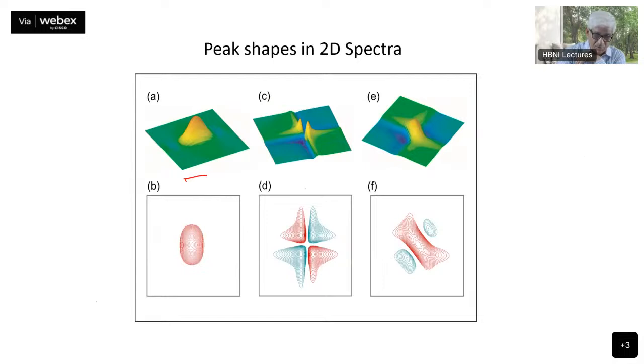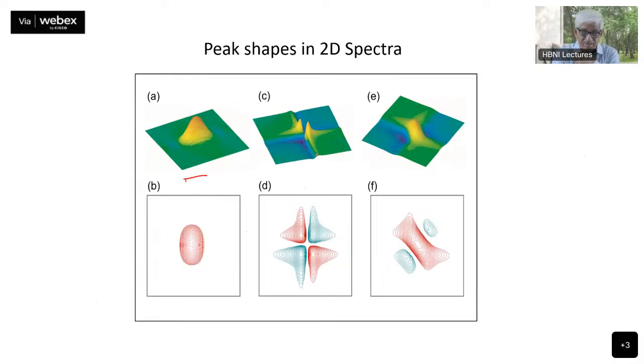This is the contour representation of this peak. You take cross sections at various places and plot them as contours. No matter what cross section you take, it has an absorptive line shape. Whether you take a cross section like this or like this, you get an absorptive peak.